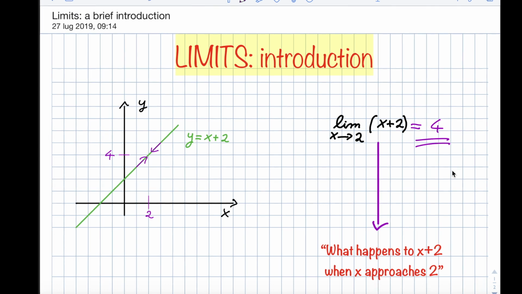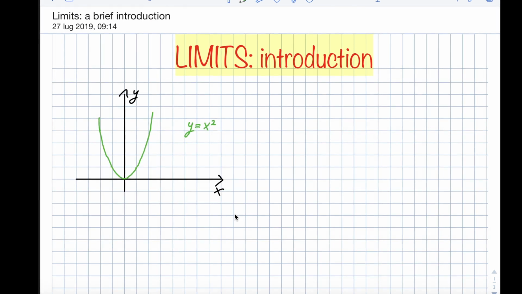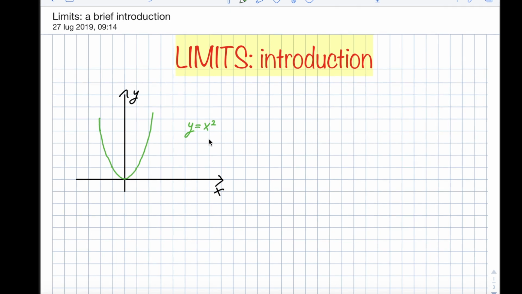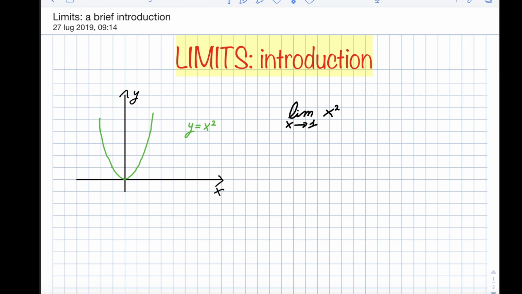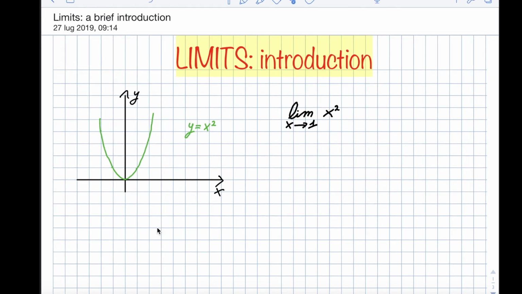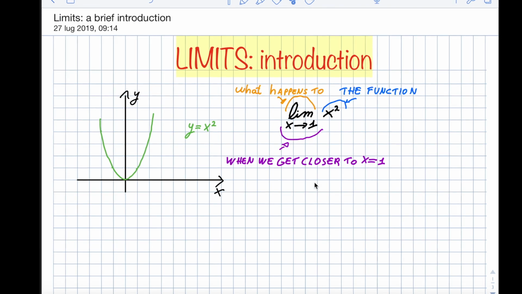Let's see another example. Here, I drew the graph of the function y equals x squared, that is a parabola. We will now compute the limit of x squared for x approaching 1. How can we do that? Applying the same reasoning as before, we should look at the value of x squared when x goes to 1.